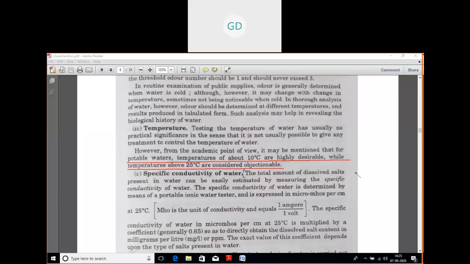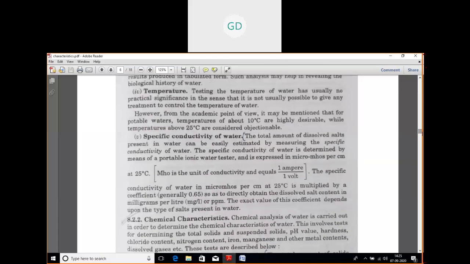Then next is your specific conductivity of water. So what is specific conductivity? It is written here: the total amount of dissolved salts present in the water can be easily estimated by measuring the specific conductivity of water.